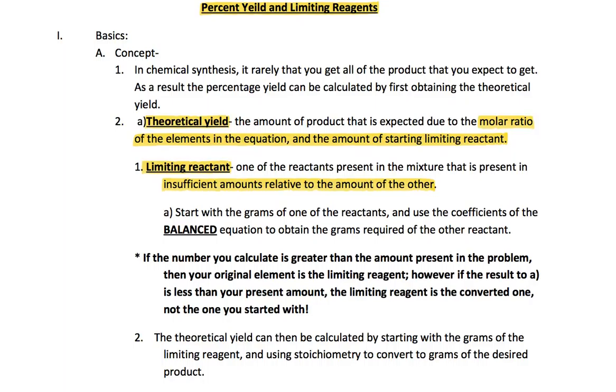So there are two ways you can approach this to calculate your limiting reagent. In the first method, you're going to be given grams of both reactants. So what you can do is convert the grams of reactant to figure out how many grams of that original reactant it will take to react with the grams of the other reactant.